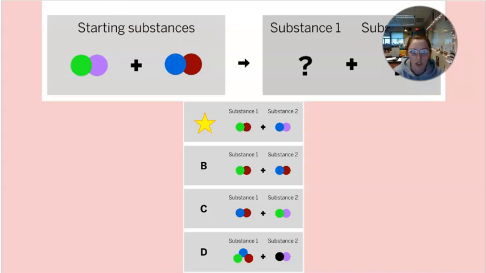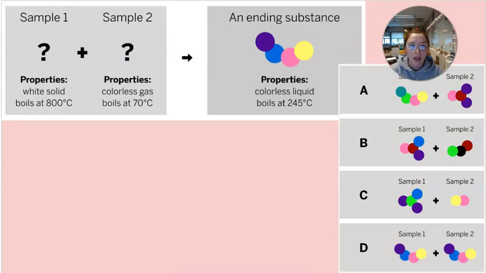So my next question. This time it's giving me properties. This one's saying my starting substances, my reactants: this first mystery one is a white solid. It boils at 800 degrees Celsius. My second reactant is a colorless gas. It boils at 70 degrees Celsius.